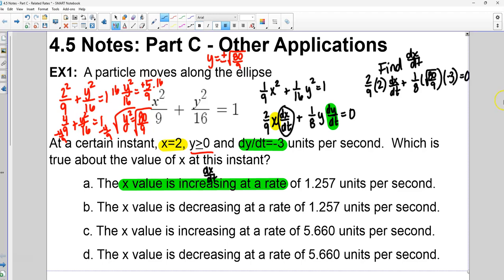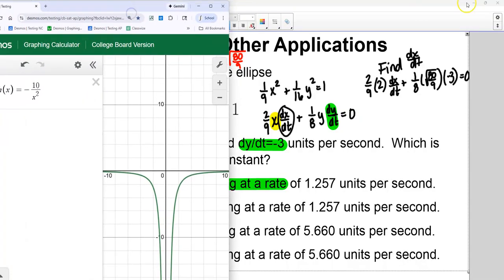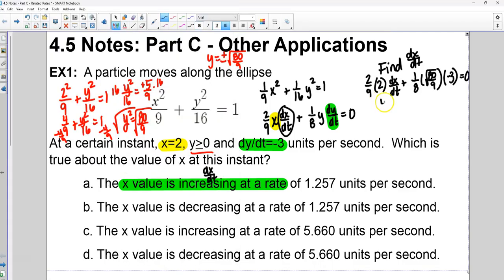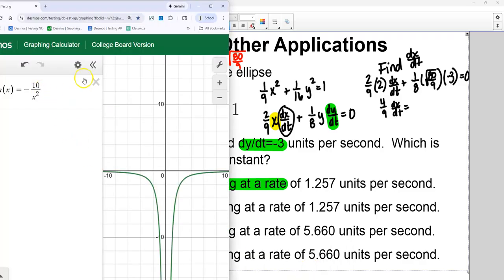At this point, definitely go ahead and pull out the calculator here. So I do know 2 times 2/9 is going to be 4/9. You can go decimals if you want here, but I'm not yet. But I am going to go decimals for this other part.